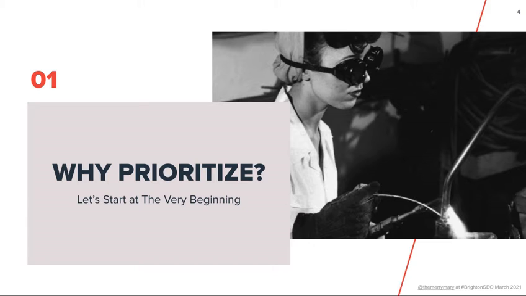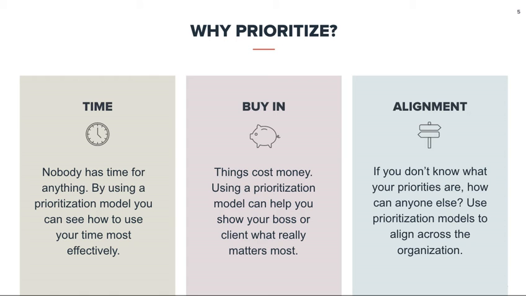If you're here today, you obviously want to learn how to prioritize things, but we're going to start with the why, to really make sure that when you create your prioritization models, you're on the same page with your organization. So there are 3 main things that people like to prioritize. The first is time. That's usually the most common. That's probably why a lot of you are here today.